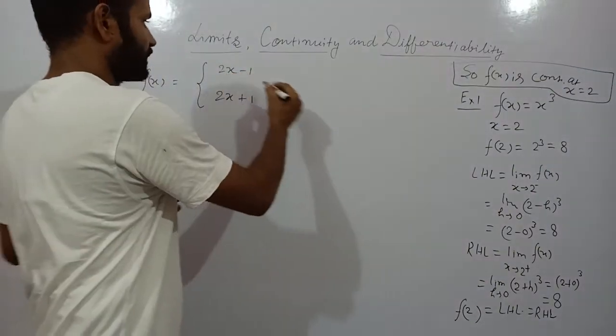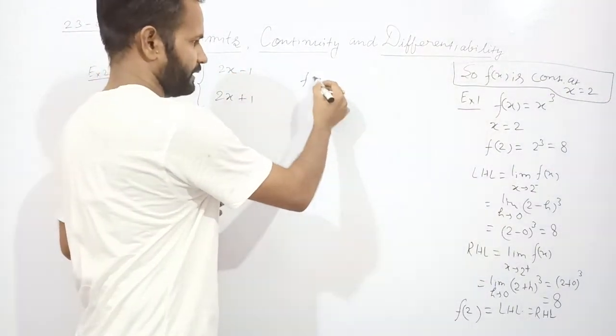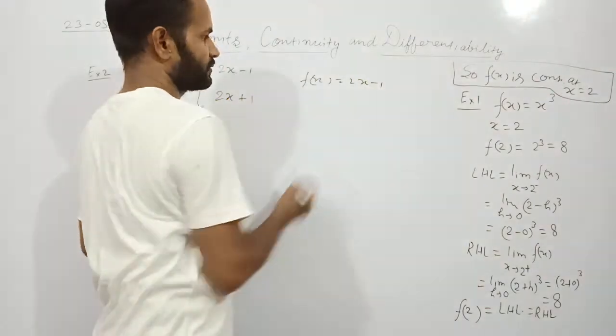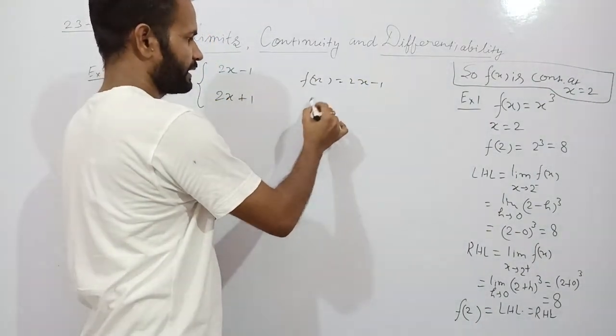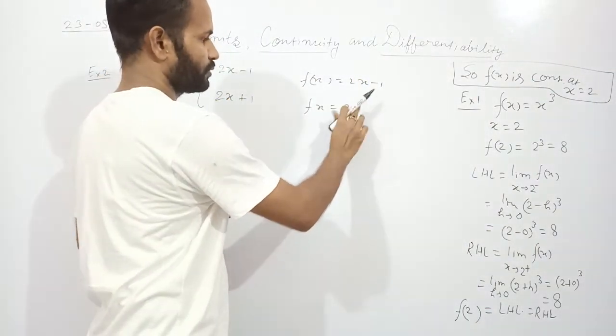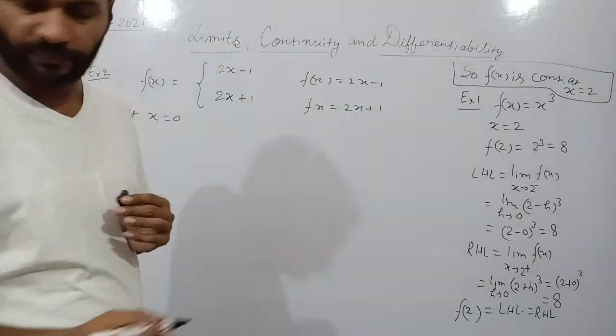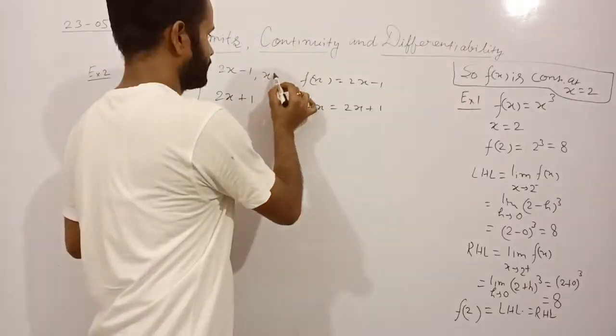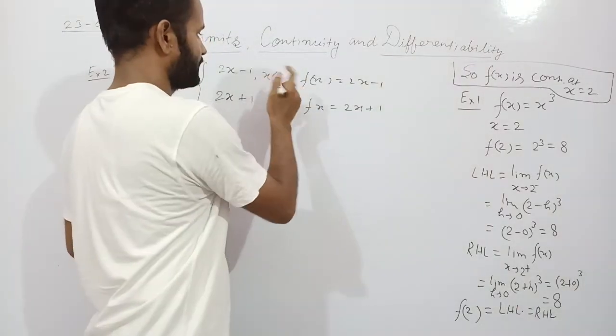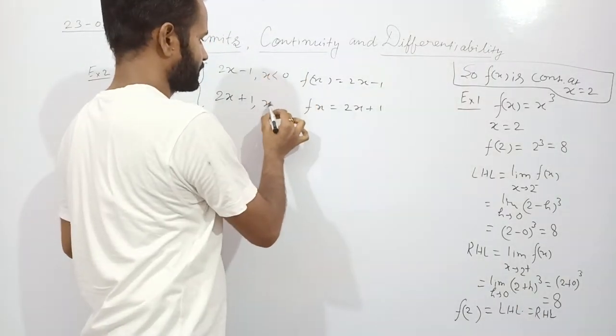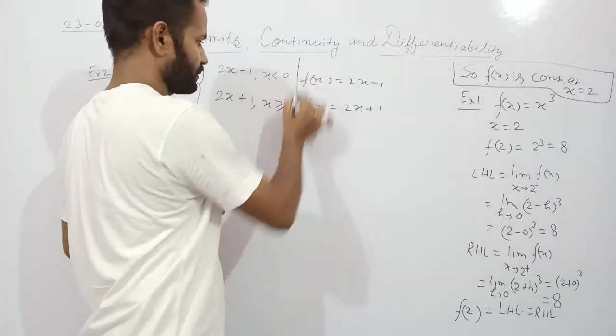If you plot the graph of f(x) equals 2x minus 1 and f(x) equals 2x plus 1 on the Cartesian plane, for x less than 0 and x greater than or equal to 0.